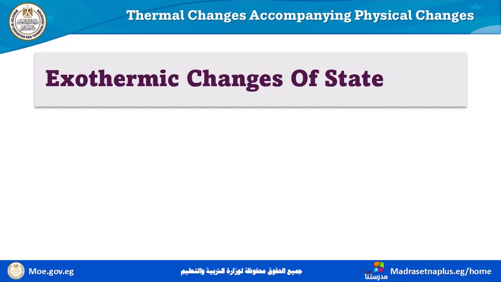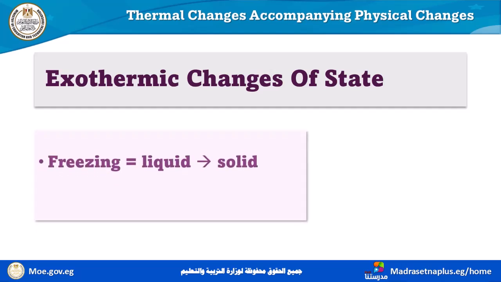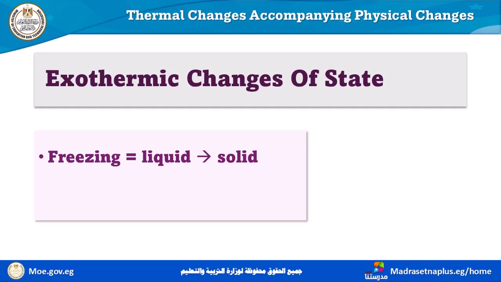What else happens during exothermic change of a state? The examples of the exothermic changes of state are freezing, which is the change from the liquid state to the solid state at the freezing point.